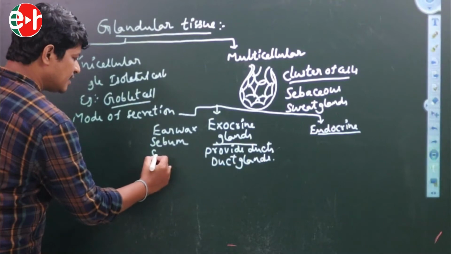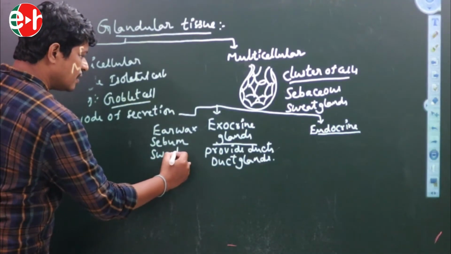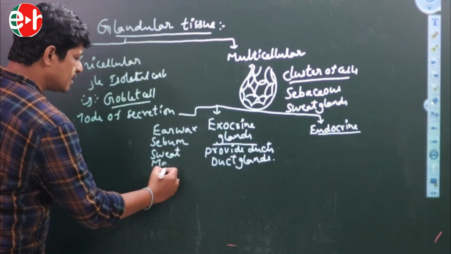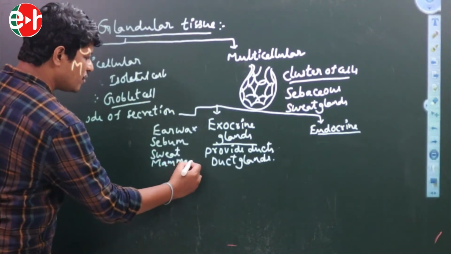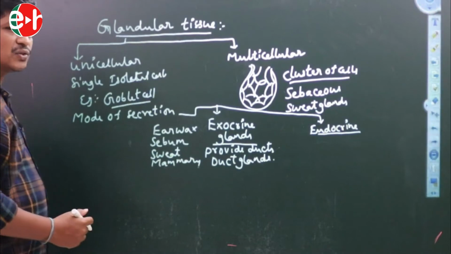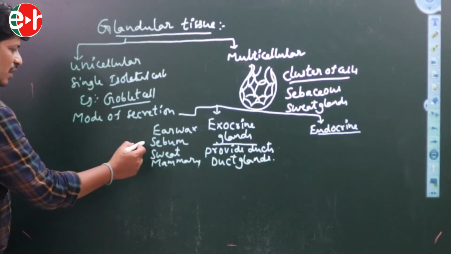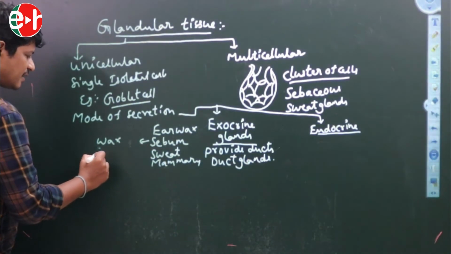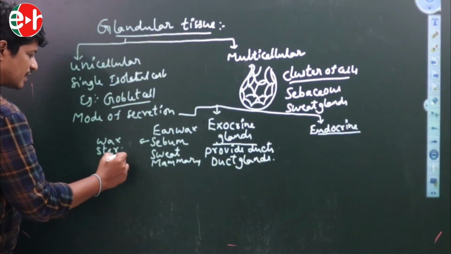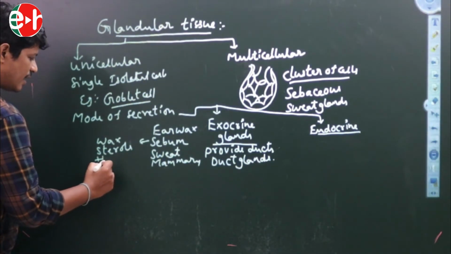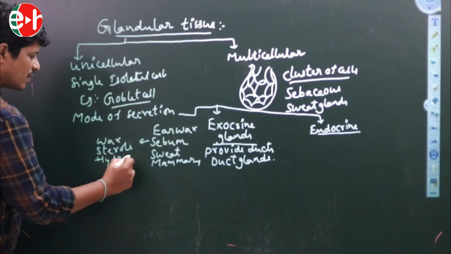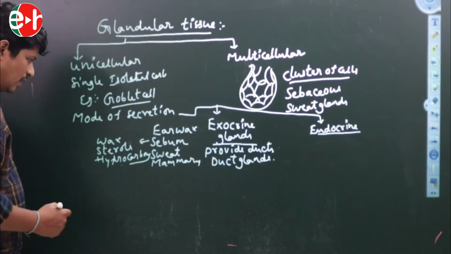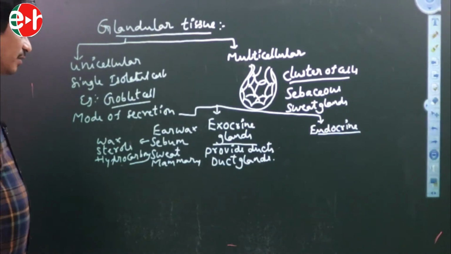And the sweat glands release sweat outside of the body, whereas the mammary glands release milk outside of the body. All these are exocrine gland examples. Sebum contains wax, sterols and hydrocarbons.